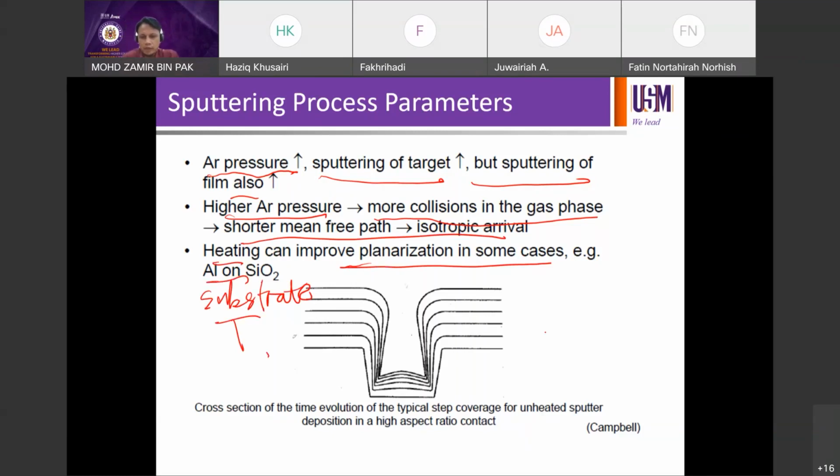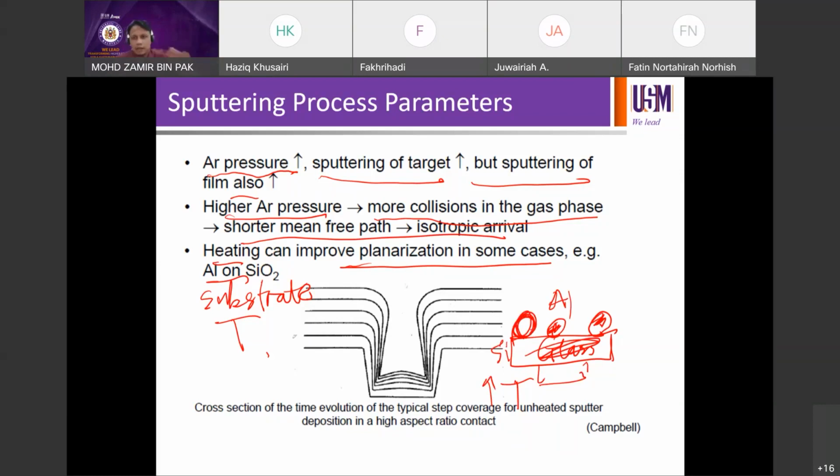So maksudnya when you have atoms deposited, contoh, aluminium deposited on glass, let's say this is silicon. If you attach this to some kind of heater, then the arriving atoms can have some mobility.